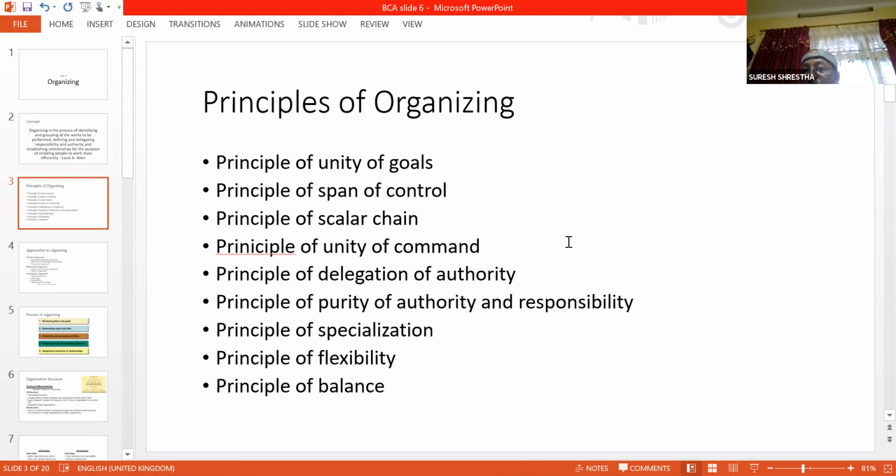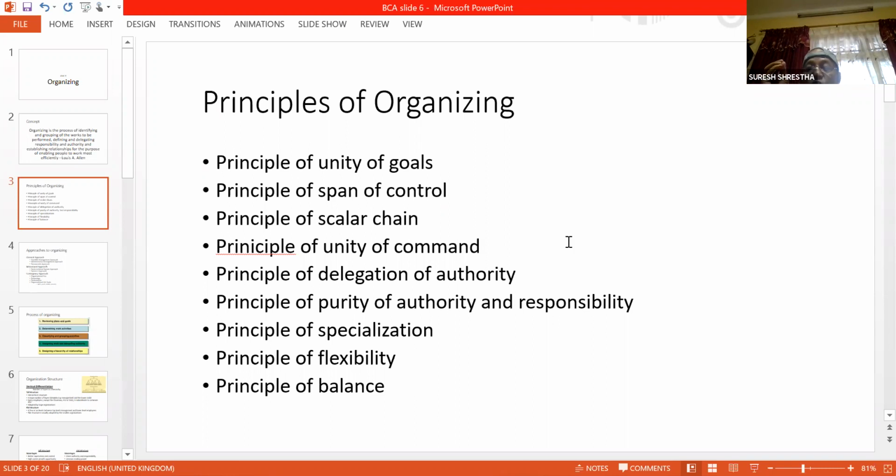Principle of delegation of authority. When you are assigning authorities, the authority has to be delegated also to the lower level employees. Don't put all the authorities at the center or at the top.